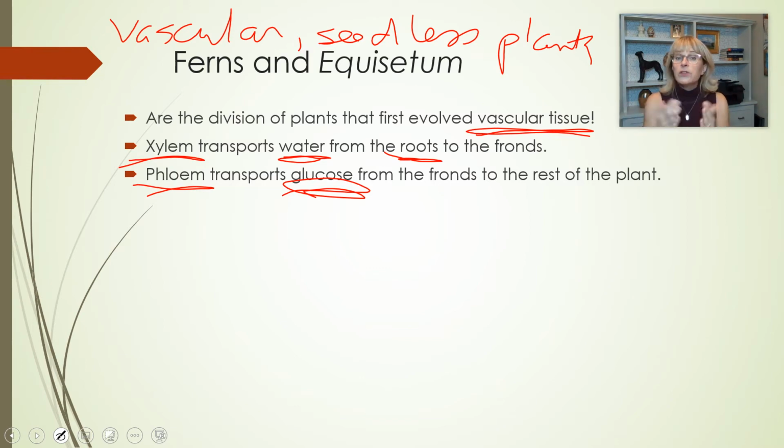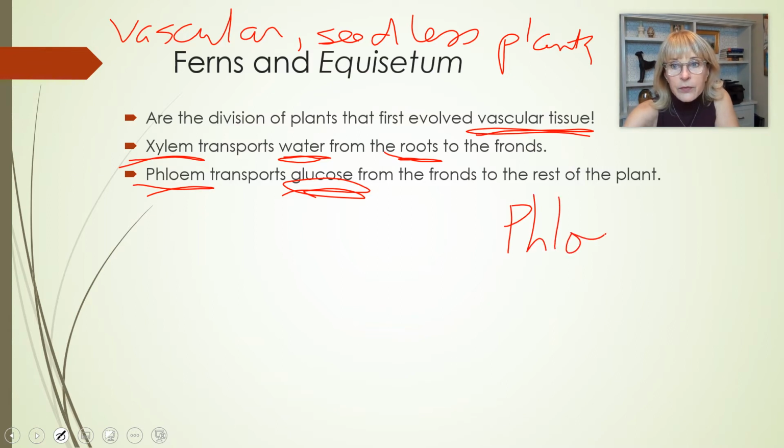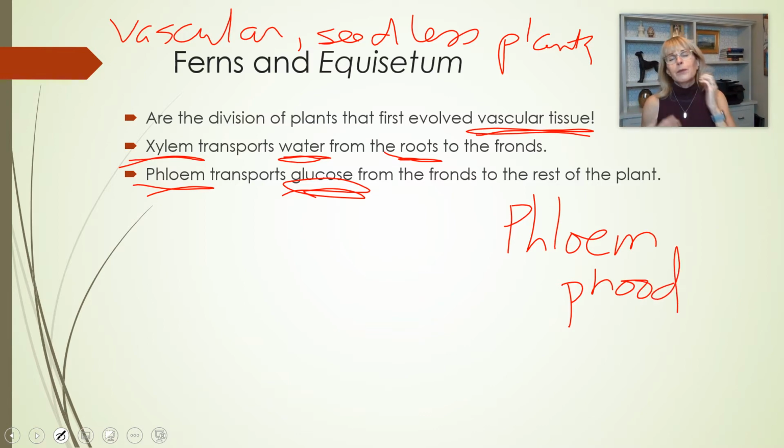So, two different sets of tubes. The way I remember them is that the phloem transports food, and food from the point of view of a plant is the glucose made by photosynthesis. That leaves the xylem to transport the water, right?